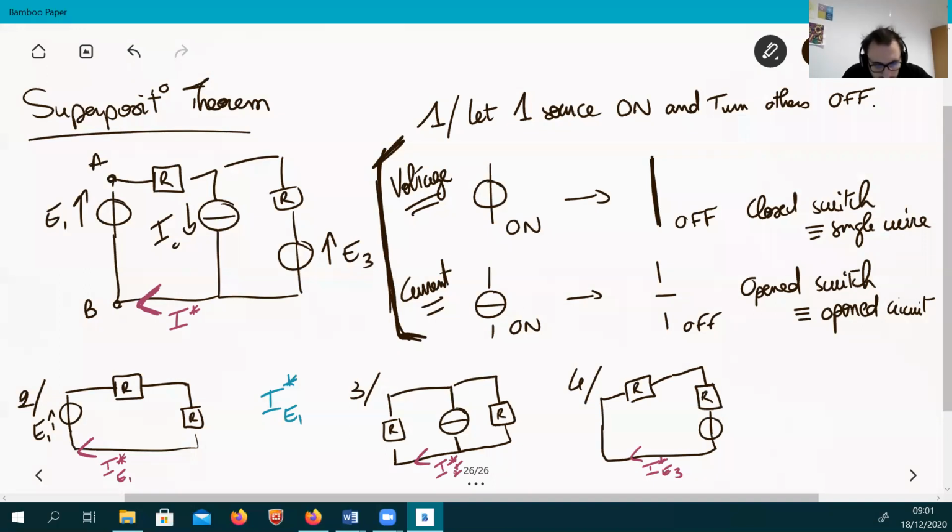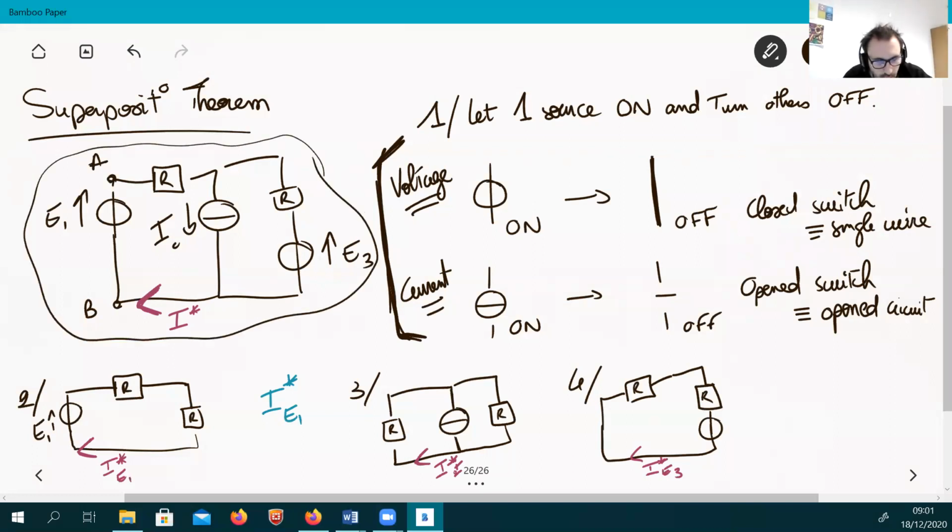So the idea here, because of the superposition theorem, instead of having to calculate the current in a more complex circuit, you have to face different single mesh circuits.